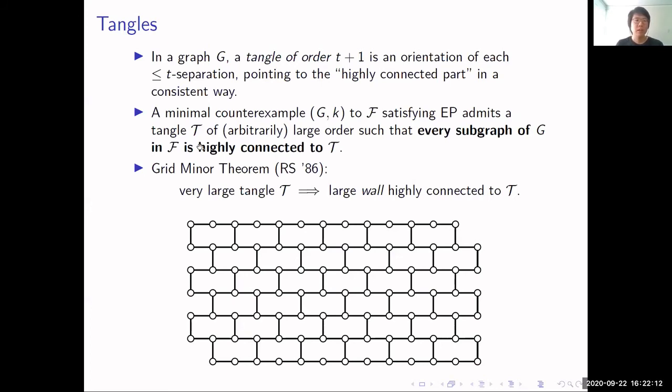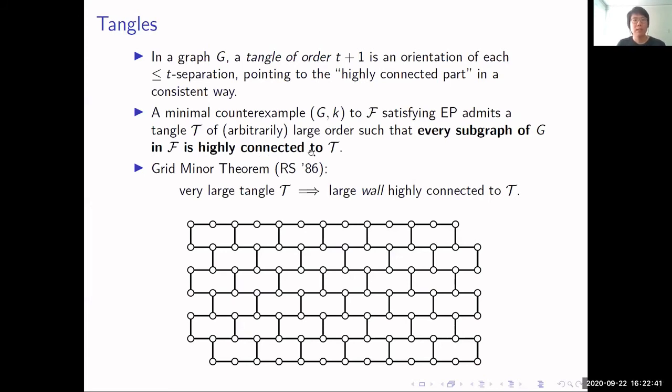Here highly connected isn't in the sense of K-connectivity for large K, but in a slightly different sense. For example, this big grid-like thing here is highly connected in the sense of a tangle, because there is no small separation that separates a big chunk of this wall. A small separation can only separate off a small part of this wall.